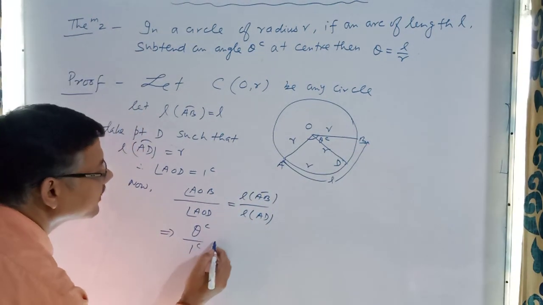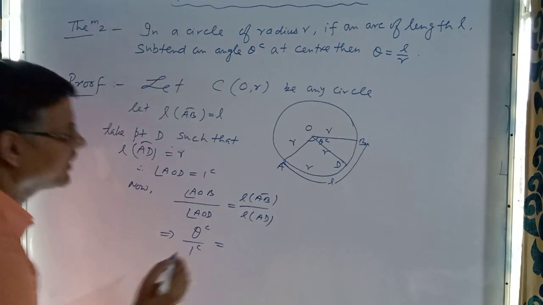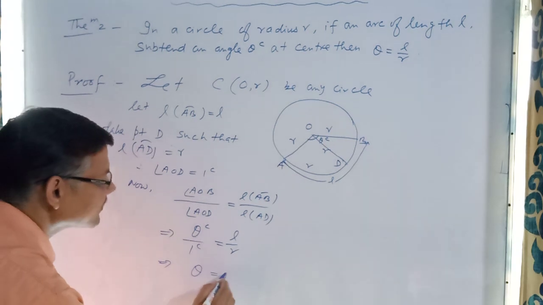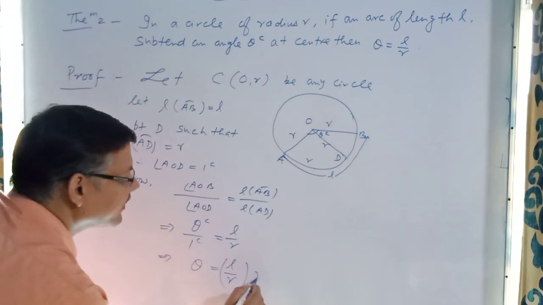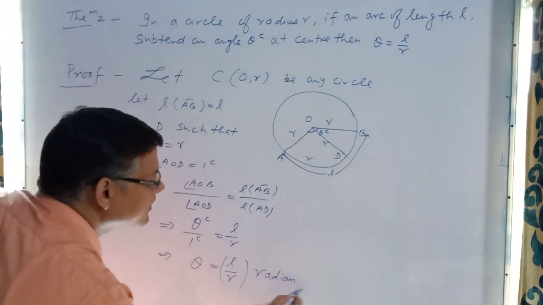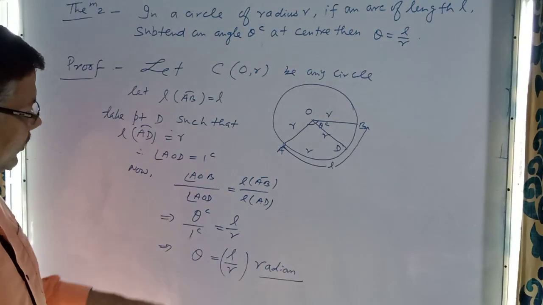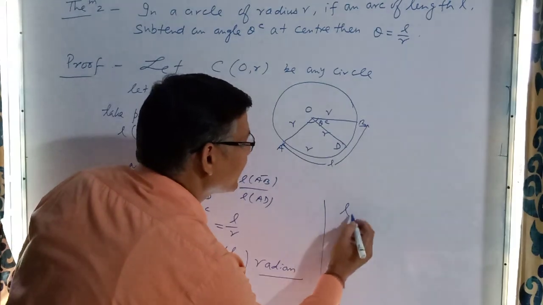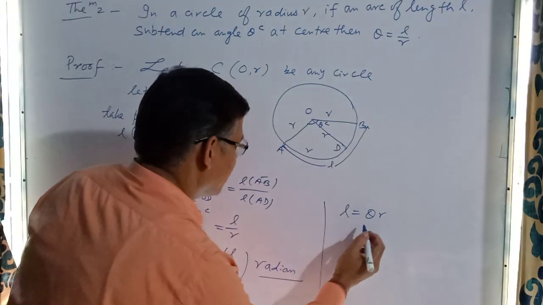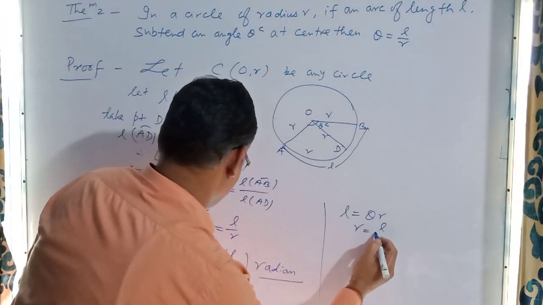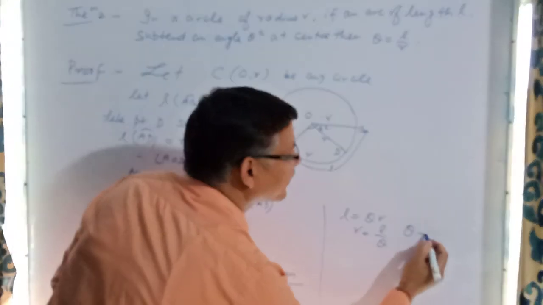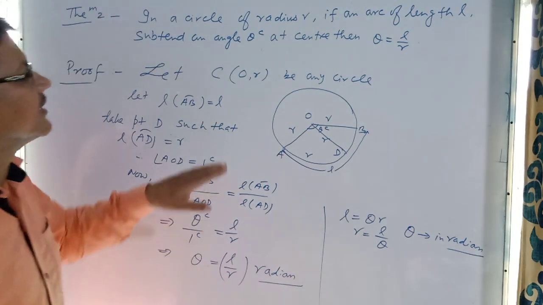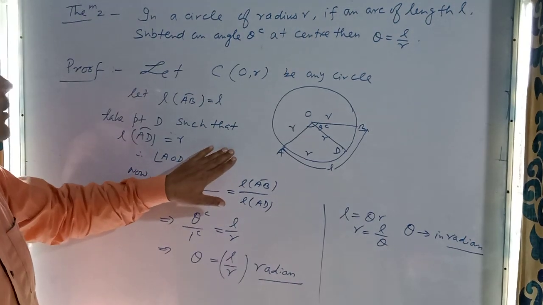It is 1 radian. And what is the length of AB? AB is L and AD is r. It implies theta is equal to L by r radian. For this formula, it is required to get theta in radian, and when we are using L equal to theta into r, or r equal to L by theta, then theta is in radian. Okay, so using this theorem and earlier relation, we do the first exercise.